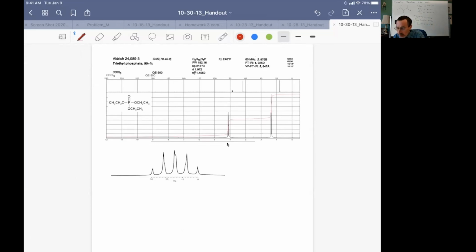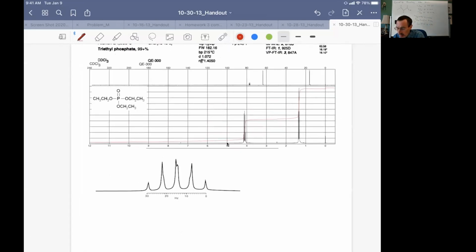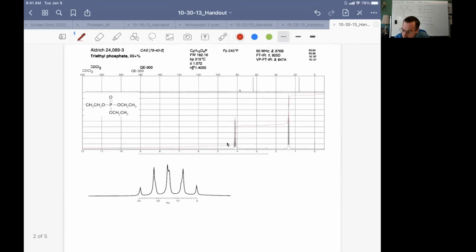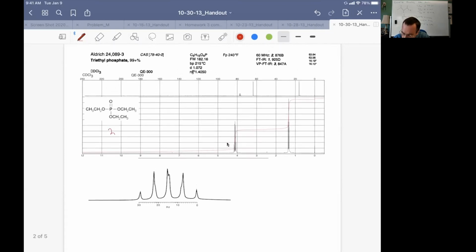And so we look at the NMR spectrum of the triethylphosphate, and this is just the Aldrich NMR spectrum. All of these H1 NMRs that you can find yourself on the Aldrich website are 300 megahertz H1 NMR.